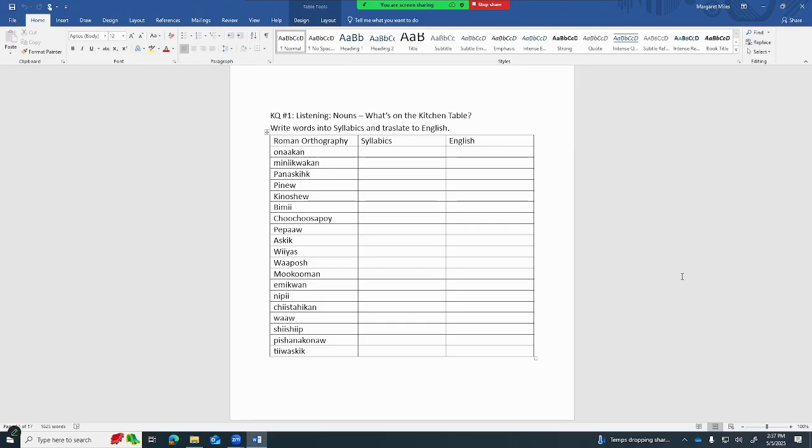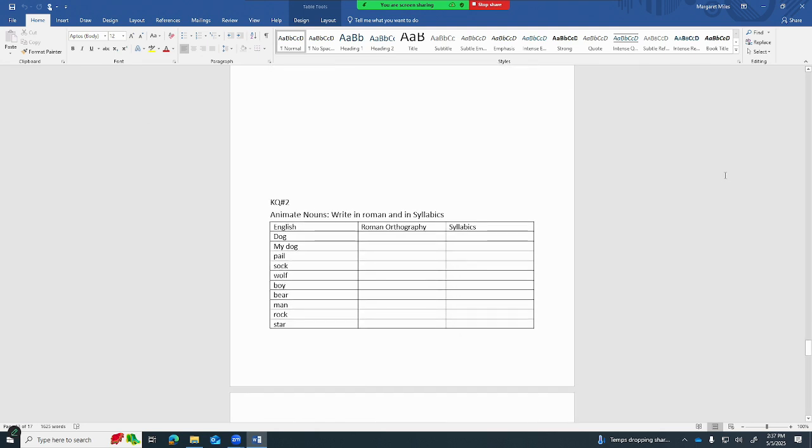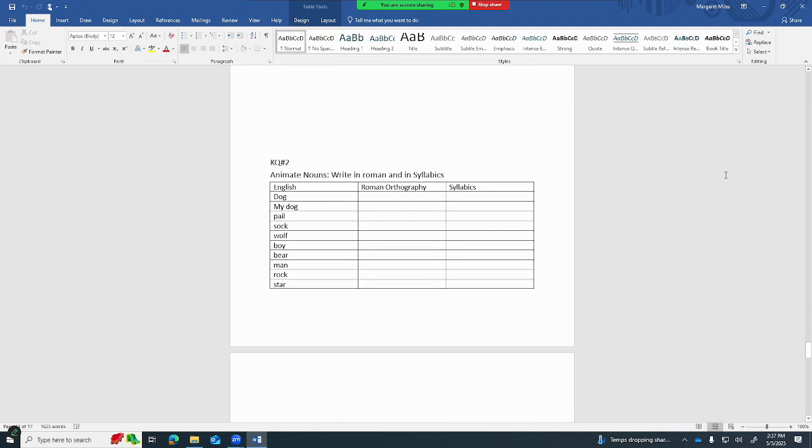So for this assignment, key question 1, you have to use your chart to write them into syllabics and translate the words into English. Key question 2, animate nouns.